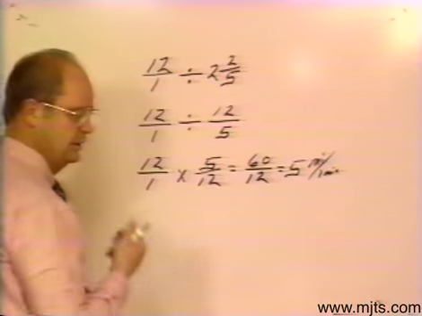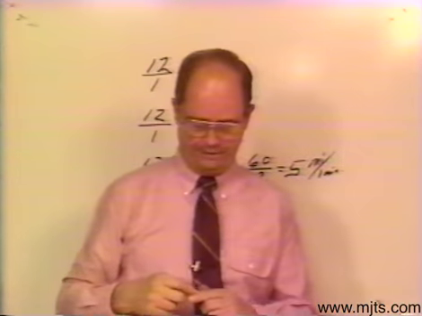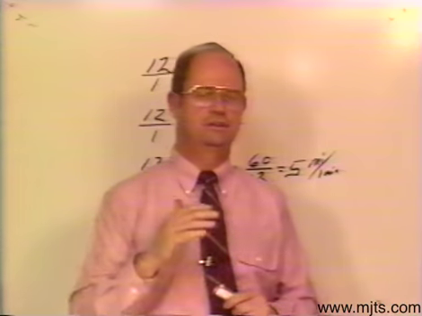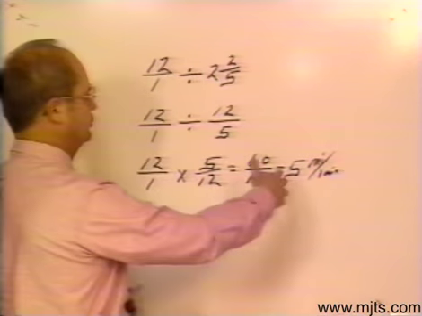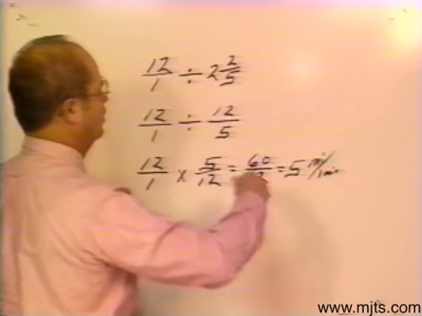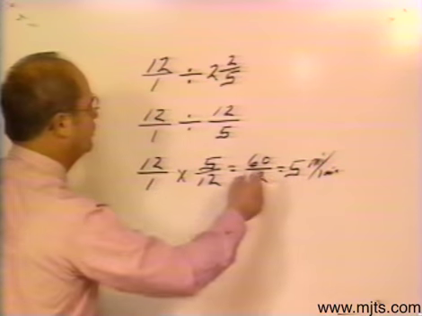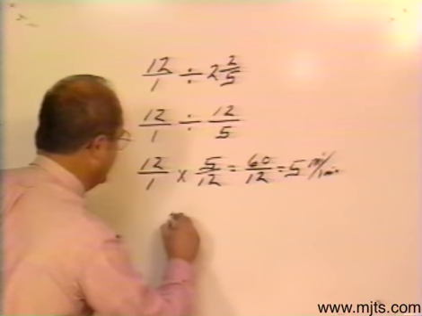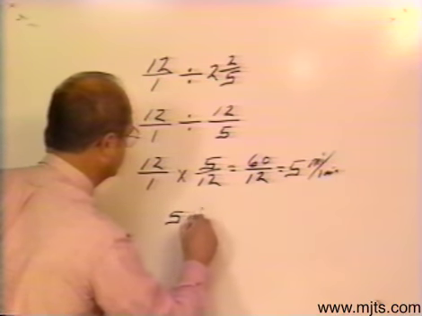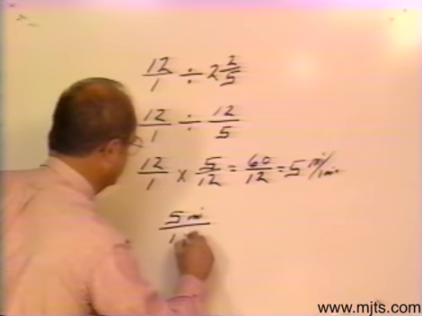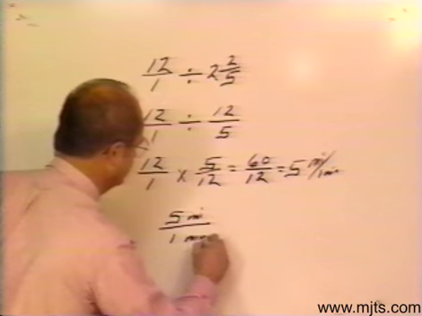Now, in conversions, we'll do some more work with this later, but in conversions, if I wanted to find out how many miles per hour that was, you see, I'm talking about traveling 5 miles in 1 minute.